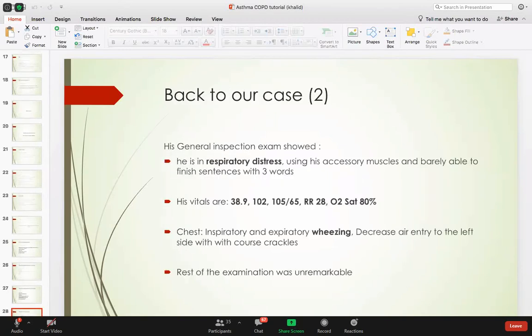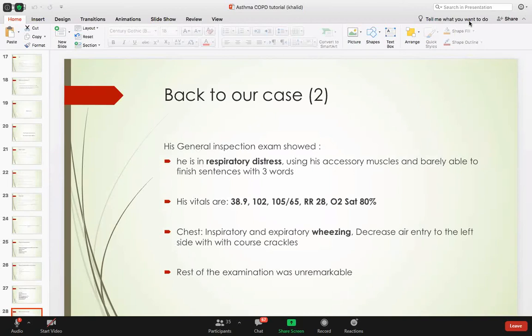Okay, so we are going back to our patient. He is in respiratory distress. When you examine him, he's using his accessory muscles and barely able to finish sentences of 3 words. That's alarming. His vitals showed a temperature of 38.9, febrile. His heart rate is 102, tachycardic.